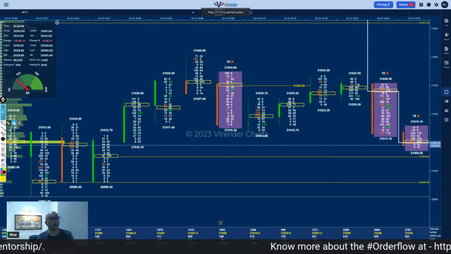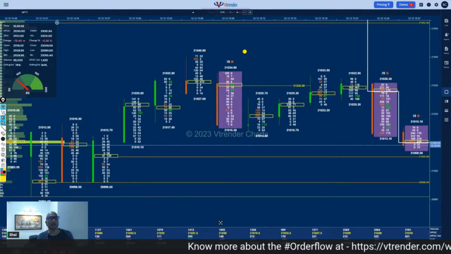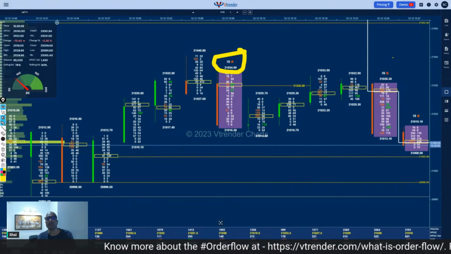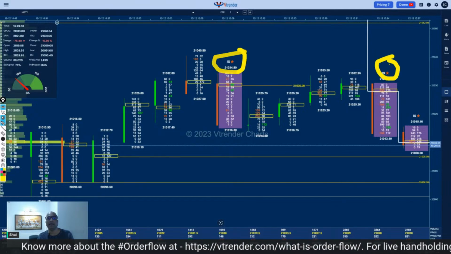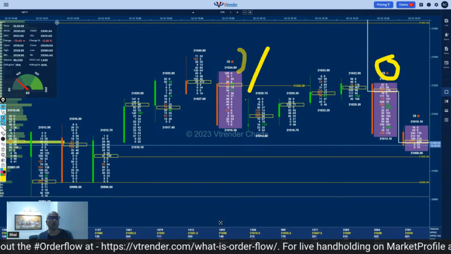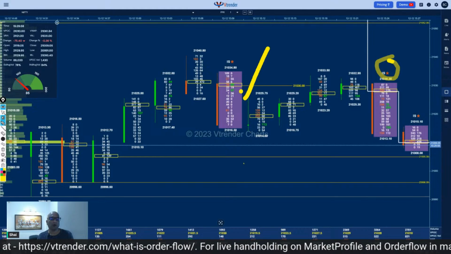So what you're seeing on screen right now is what are called initiative sellers, and they would show a lot more aggressive market orders.